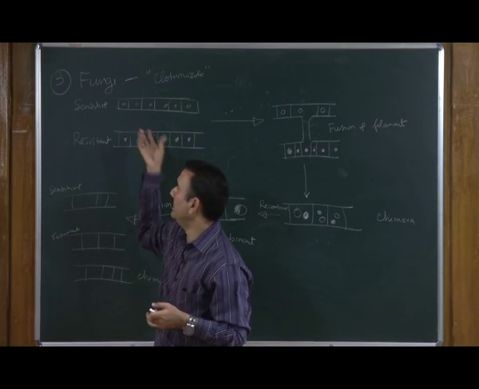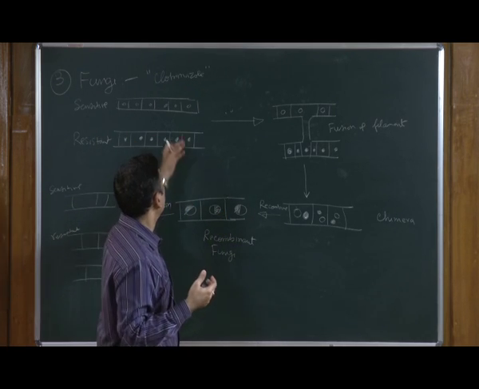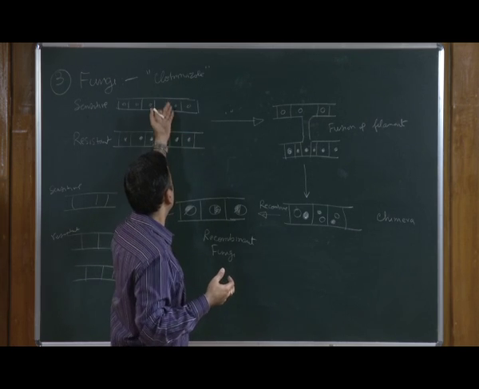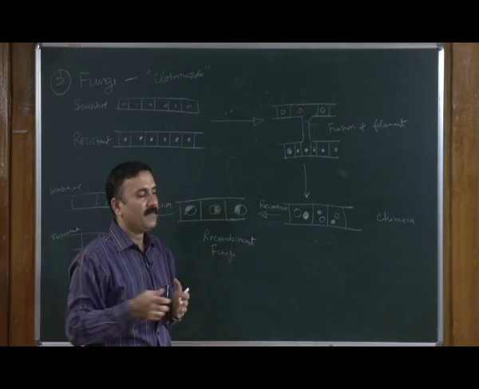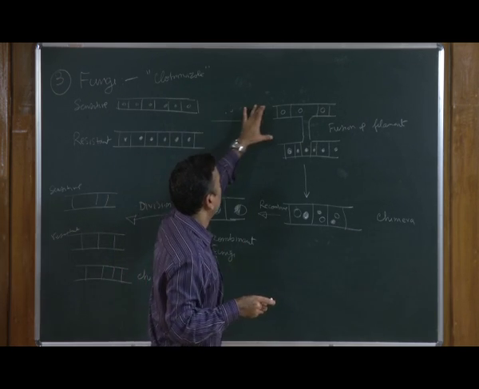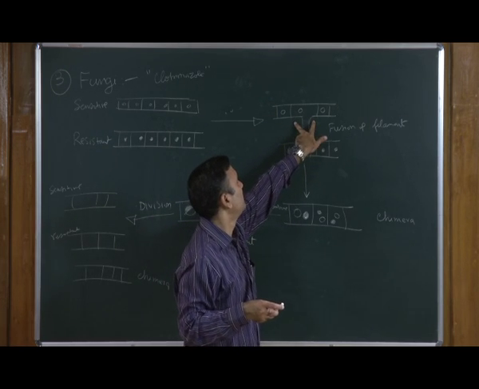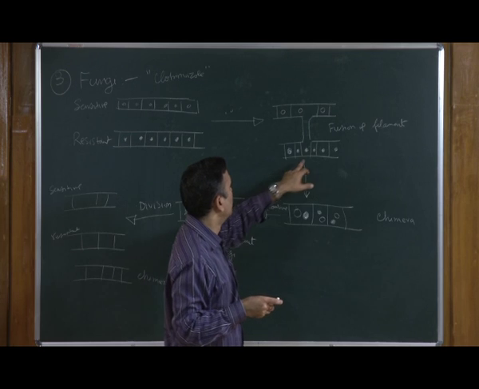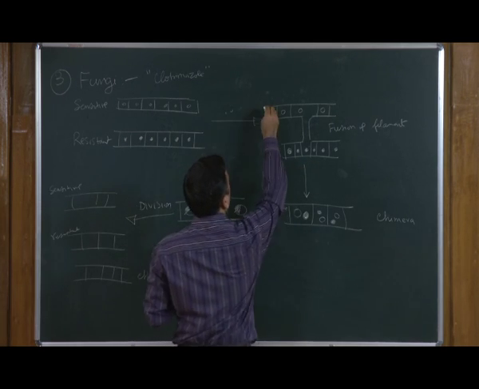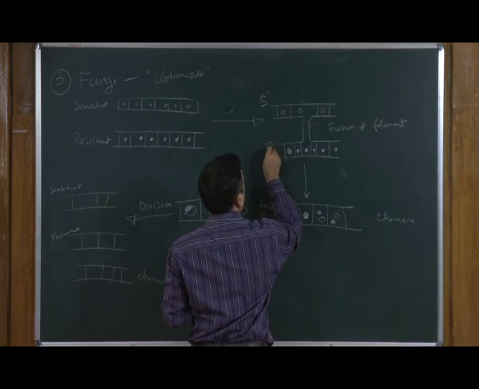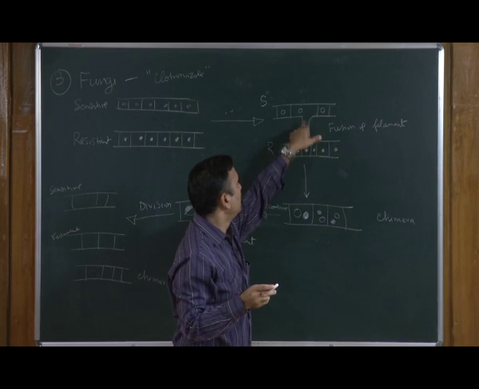So, because it has to survive in this kind of microenvironment where you are applying a drug, it is going to extend its filaments towards the resistant strain. So, this I will write S and this I will write R.